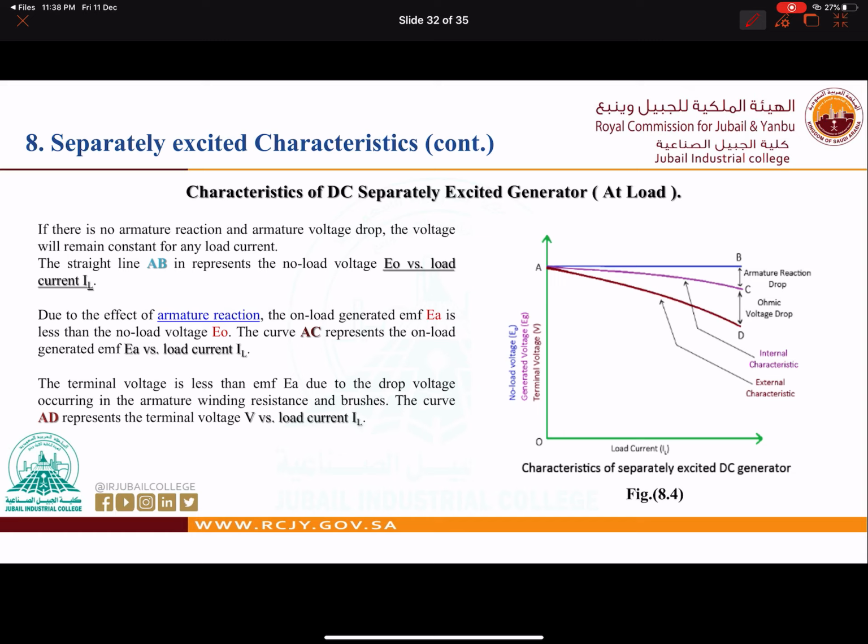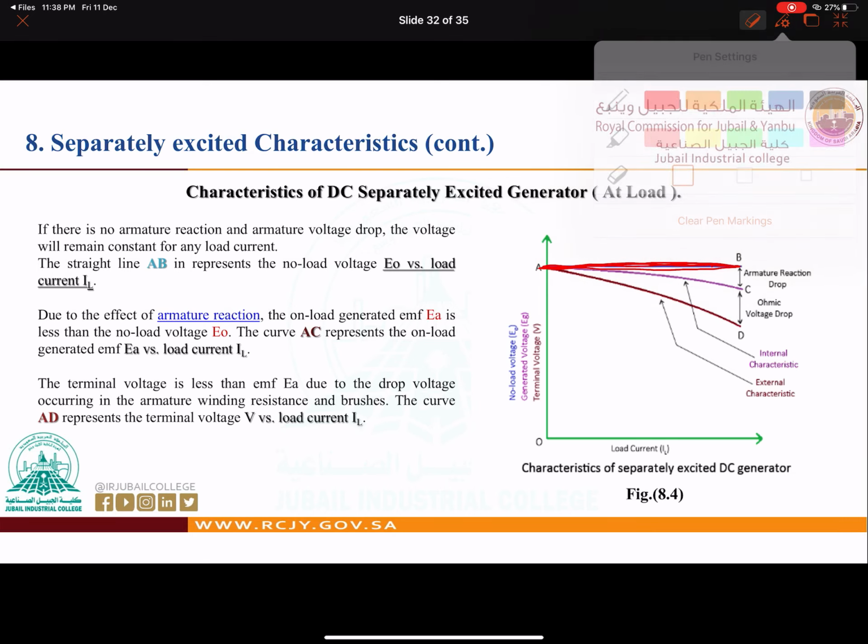So the straight line AB represents the no-load voltage E node versus the IL. If you don't have problems, we will have a straight line, but this will not happen. Of course we have armature reaction, and of course we have ohmic voltage drop, which is the resistance voltage drop. So this is an ideal case, okay?